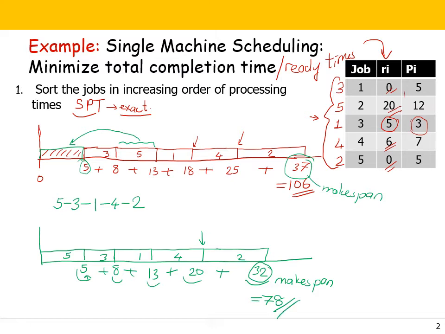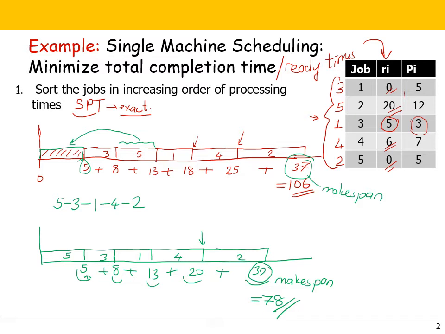Okay, so remember, if we don't have the ready times, the SPT heuristic was an exact algorithm. It was providing the exact solution. But when we include the ready times, now the SPT algorithm is not an exact algorithm. In fact, it may provide a bad solution.